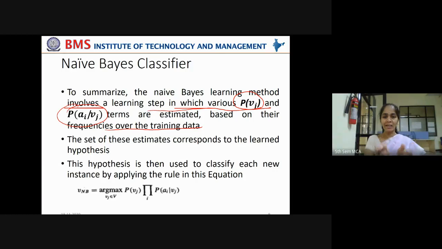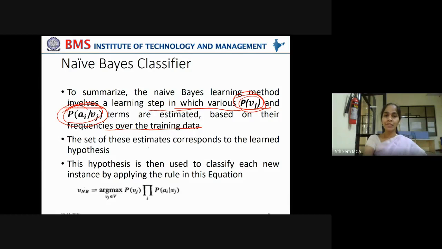If a combination occurs very rarely, its probability is very low. If this combination of attributes and this target value occurs more number of times, that probability is high. In that way, we calculate the probability of the outcome value and the probability of observing an attribute with the outcome value.